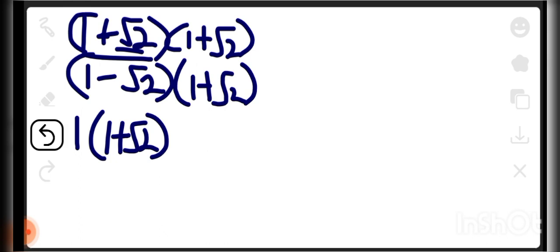Then this plus root 2 will multiply everything again: plus root 2 times 1 plus root 2.